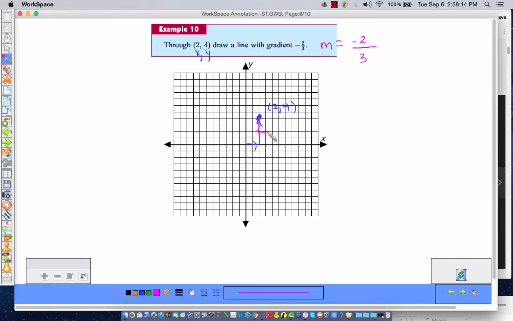So I go right 1, 2, 3. Okay. And I did that from a known point. And then I get a line with slope of negative 2/3. So hopefully you enjoyed that, you understood it. You can rewind if you need to, and as always, you can ask me questions in class. All right, so the gradient or slope here is negative 2/3.